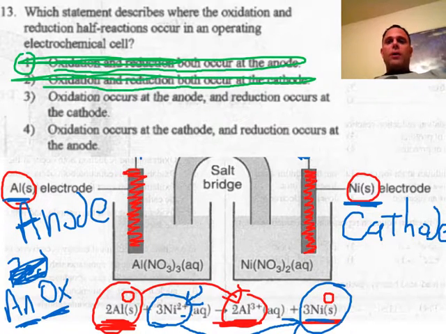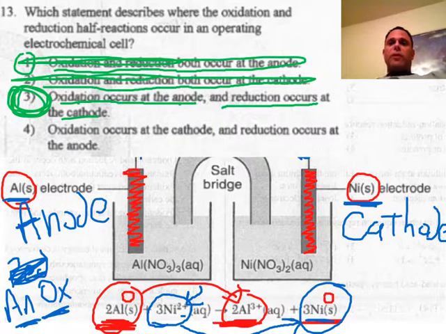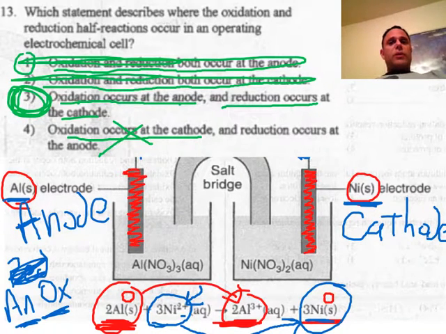Again, nope. Oxidation occurs at the anode. Remember, red cat and ox. Okay, anode oxidation seems to look good. Reduction occurs at the cathode. Red cat, looking good. Looks like number 3, but let's confirm. Oxidation occurs at the cathode? No. All right, it is choice 3.